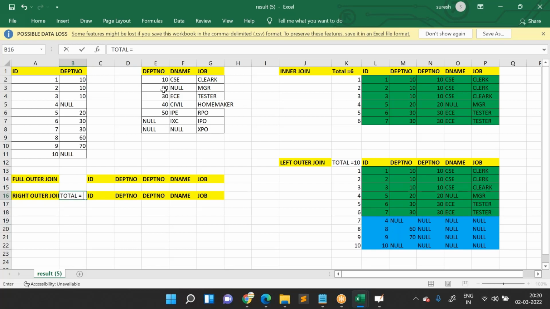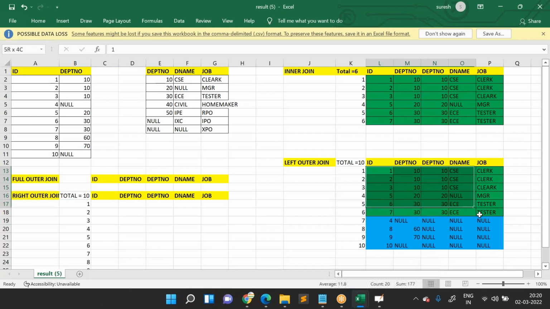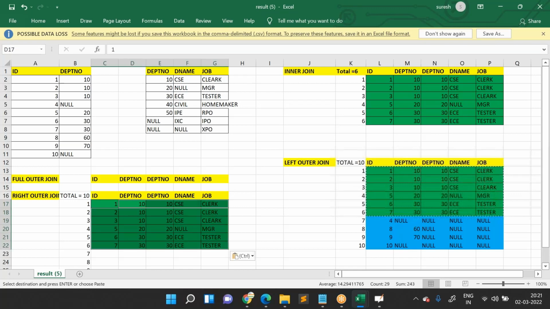Now 1, 2, 3, 4, 5, 6, 7, 8, 9. So okay, total 10 records. Now all the matching records. I'm copying all the matching records here. Enter, these records are going to come.